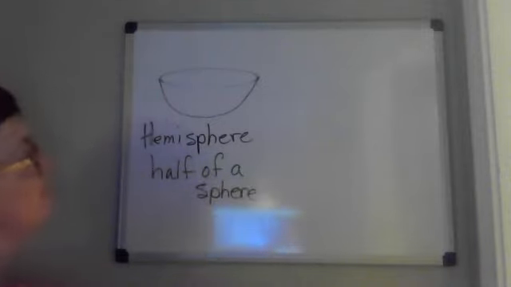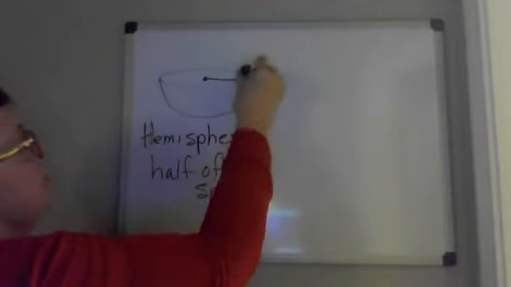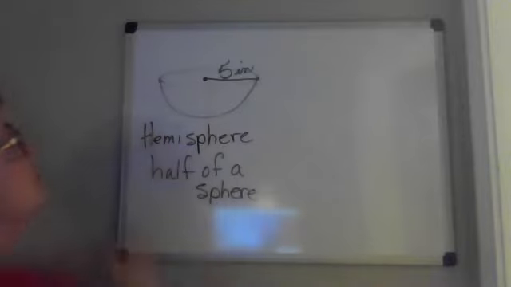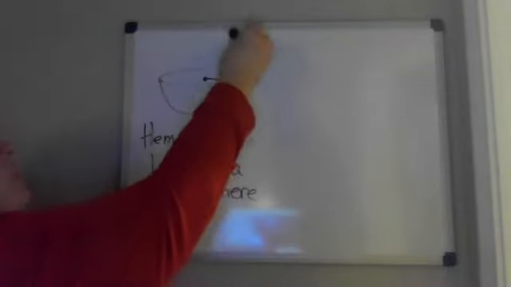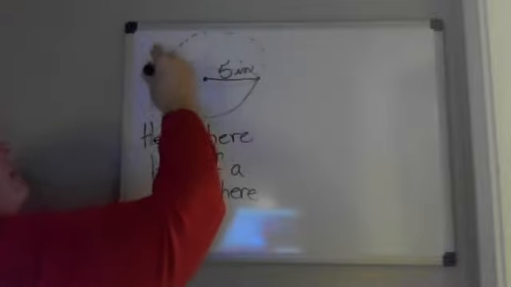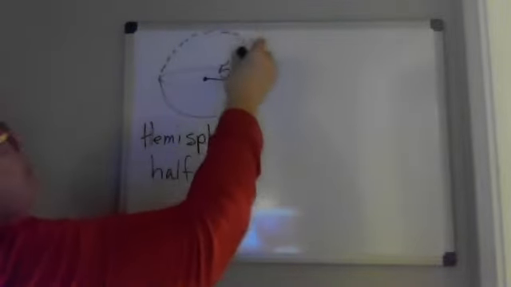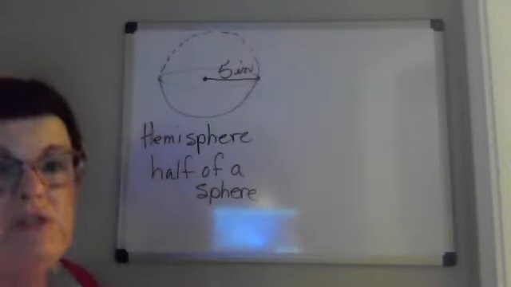So if they give a picture that looks similar to this, imagine if it was the whole sphere, which is what we're going to have to do in order to find the volume of the hemisphere.